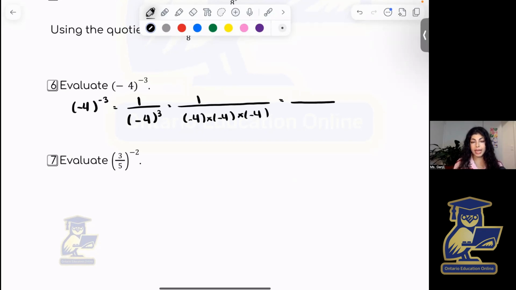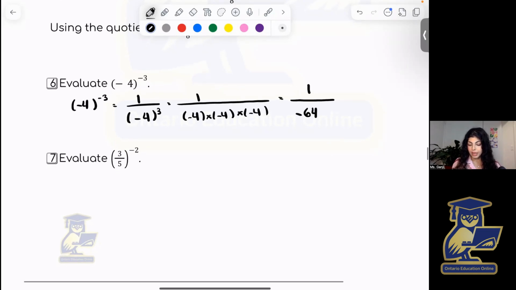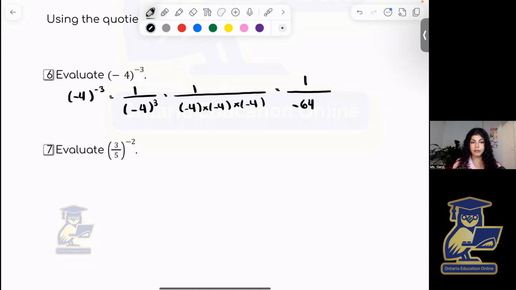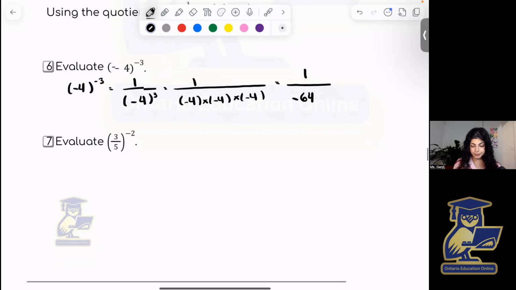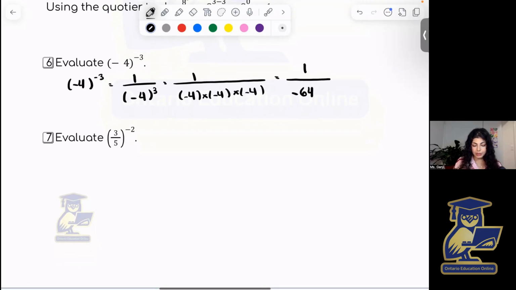But now we have the negatives, and there's actually 3 negatives, which means our final answer will be negative 64, because 2 of the negatives will multiply to become a positive, but then you have another negative left. So negative 64, and that would be the final answer there for evaluation. You don't need to go into decimals. Fraction form is okay.